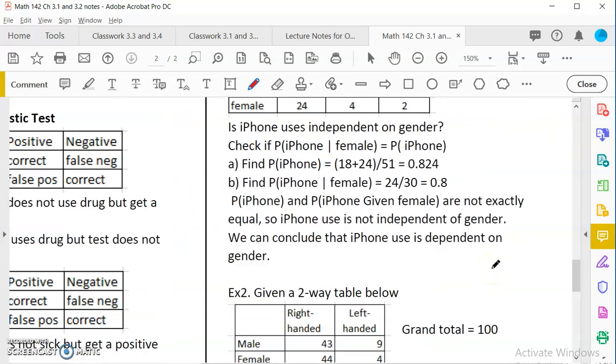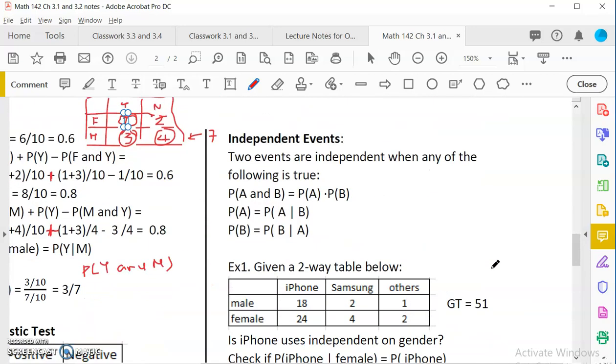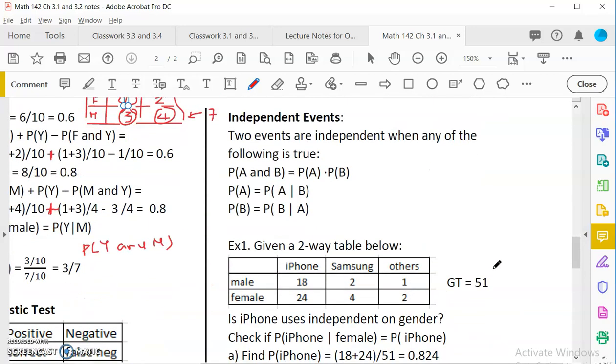The second term that we want to understand when we look at events is independent events. So we have two events. Okay, we want to classify if they are independent. Still remember this is one selection or one event.